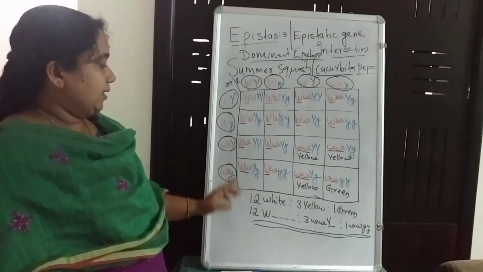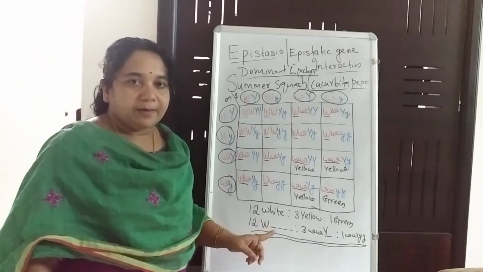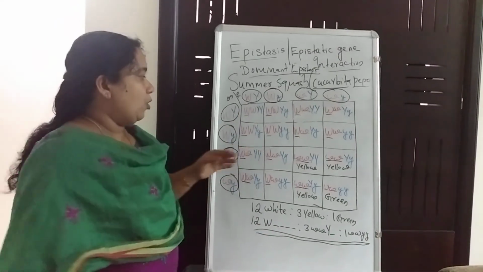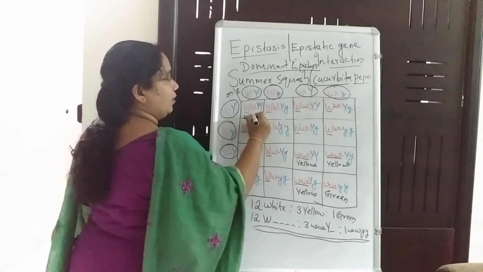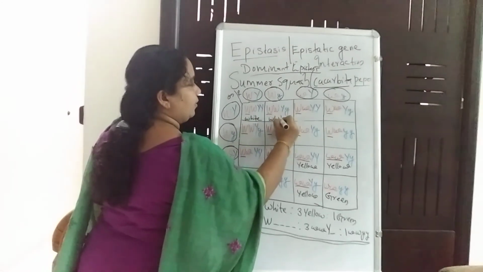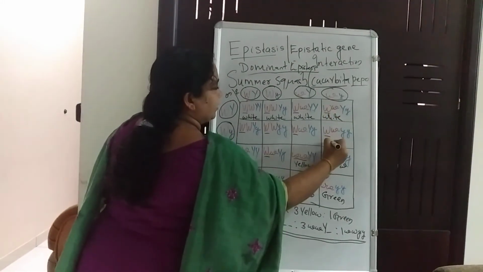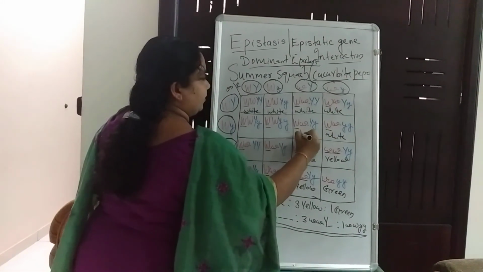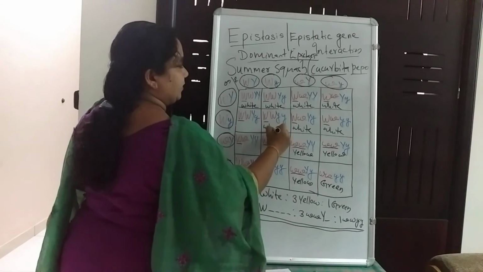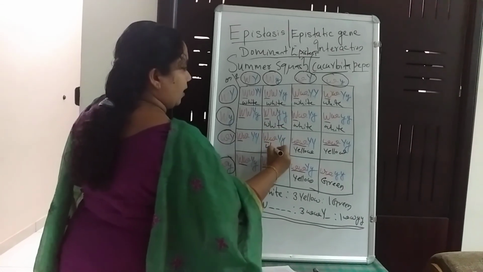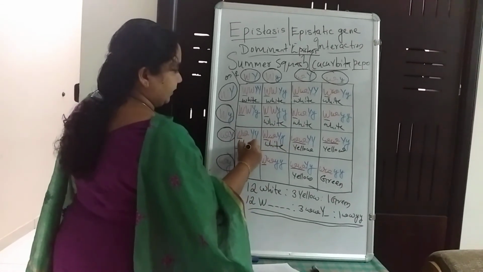So students, there must be at least one capital W gene to suppress Y. So here we can write white, white, white, white, white. You also write it in the book and understand how these genes interact.